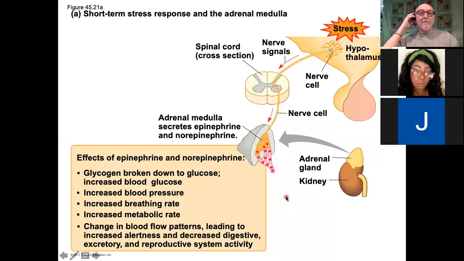Okay, so let's have a look at the function of the medulla. Now, it's the medulla of the adrenal gland which is responsible for producing that fight or flight, the short-term response to a sudden threat. And again, it is under the control of the hypothalamus, but now the hypothalamus has an entirely different function.